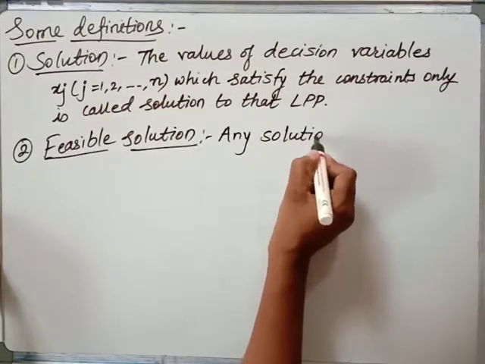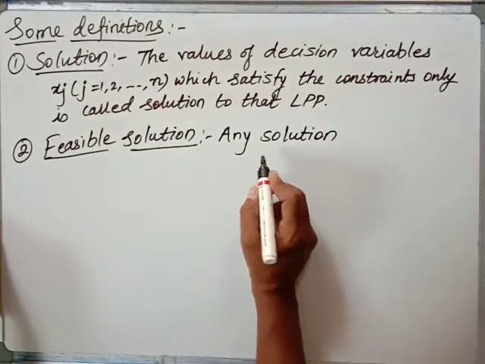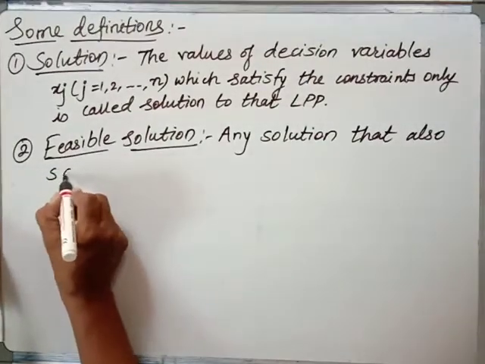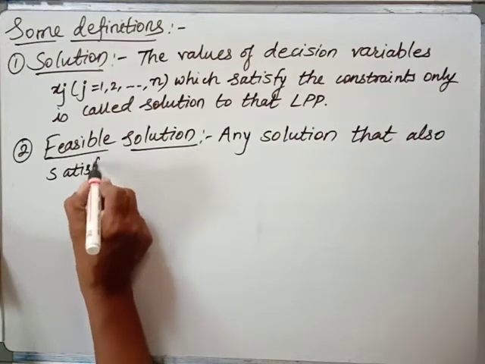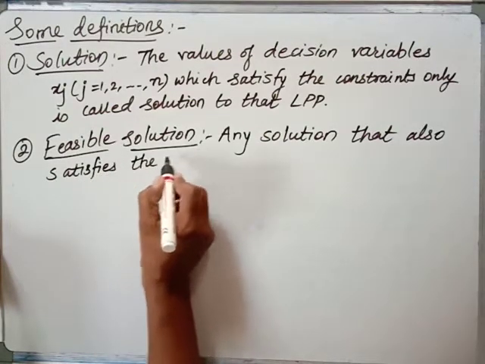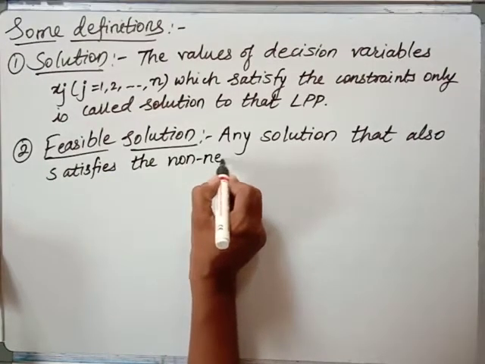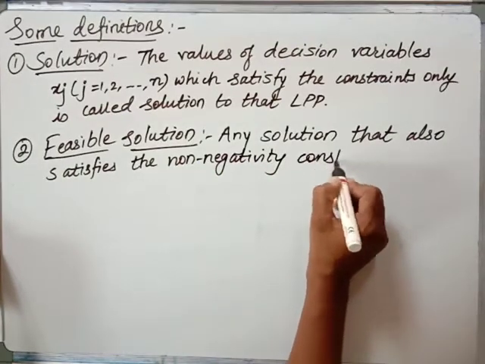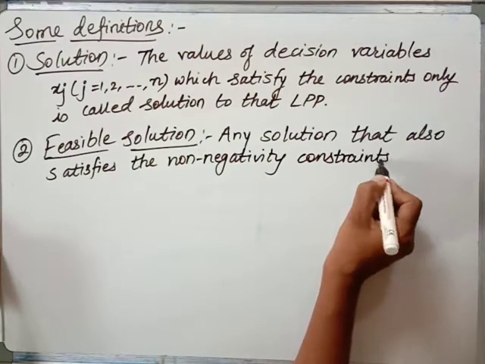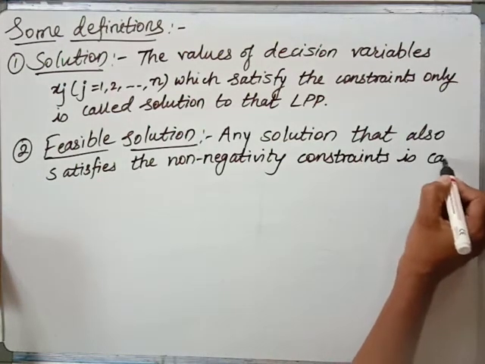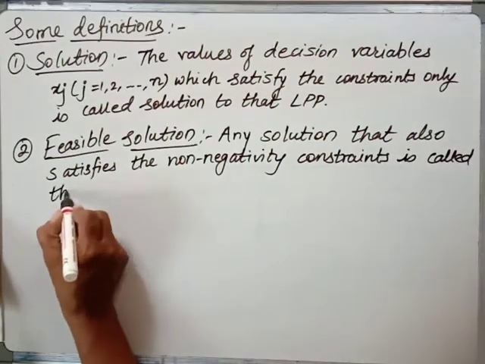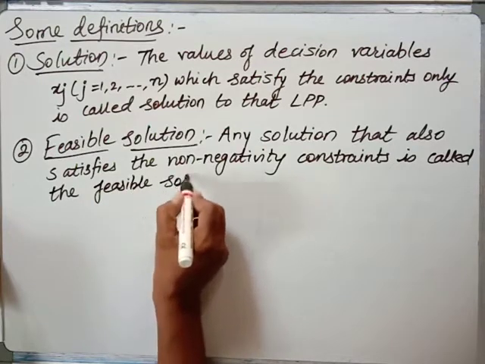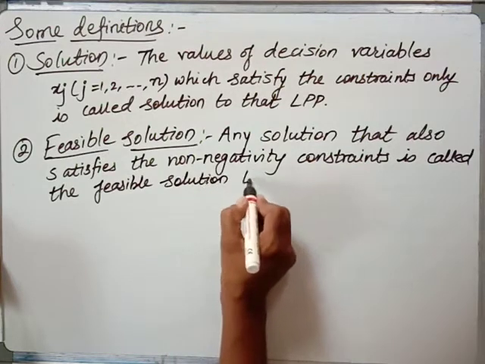Any solution that also satisfies the non-negativity constraints is called the feasible solution to that LPP.